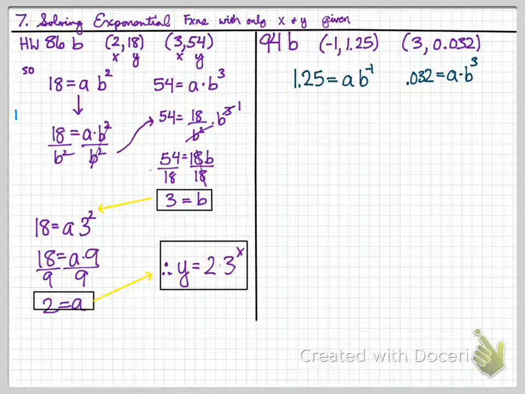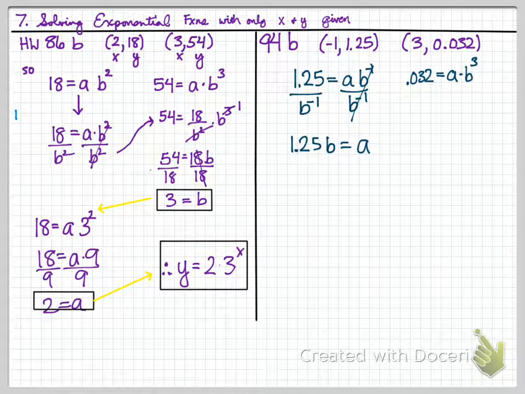94B is very similar. If you want to try it on your own, you can pause this video and try it. Okay, if you don't want to, you can watch this. It's very similar, it's just nuanced, a little different because we have a decimal, 1.25, and we have a negative exponent, -1. But we do the same moves. Let's solve for A. In this case, we divide by B to the -1 power.